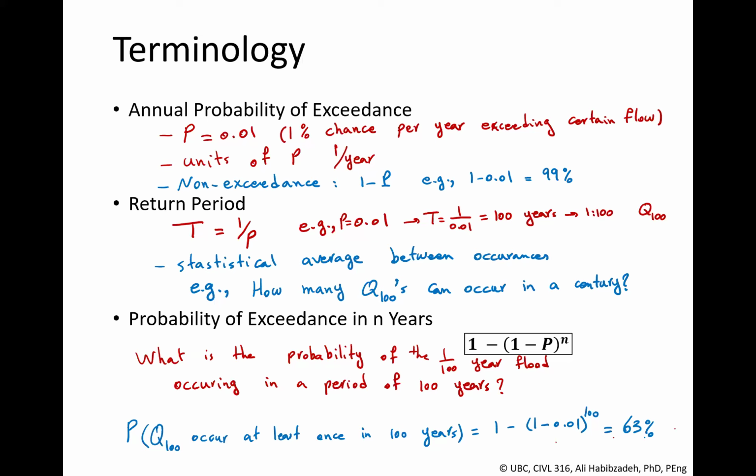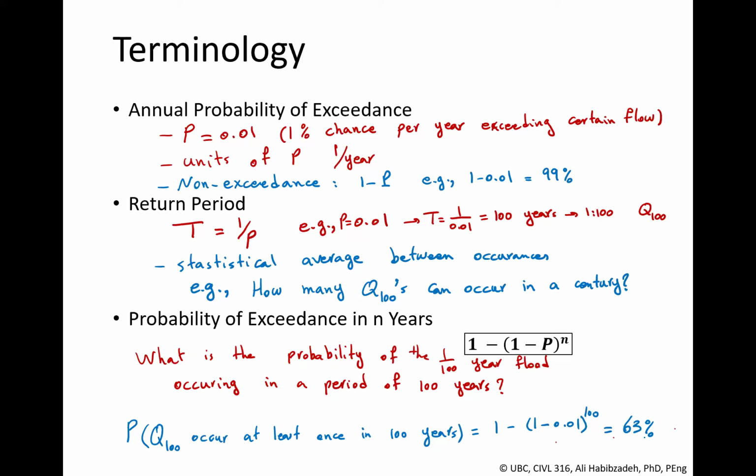Now, here's the tricky part before we move on to the next concepts. So when we say the return period of this particular discharge is 1 in 100, or 1 in 50, 1 in 20, 1 in 200, whatever it is, it does not mean that it's going to happen once in every 100 years.